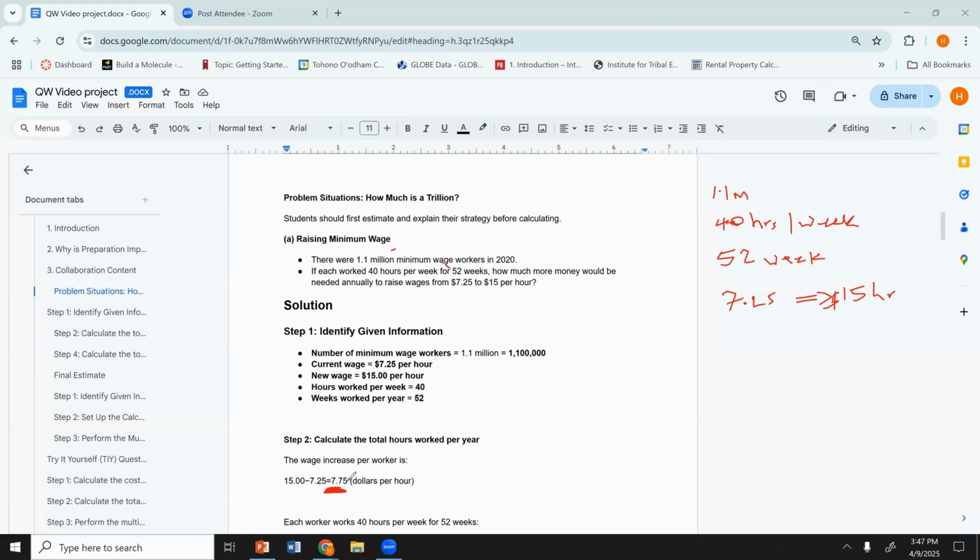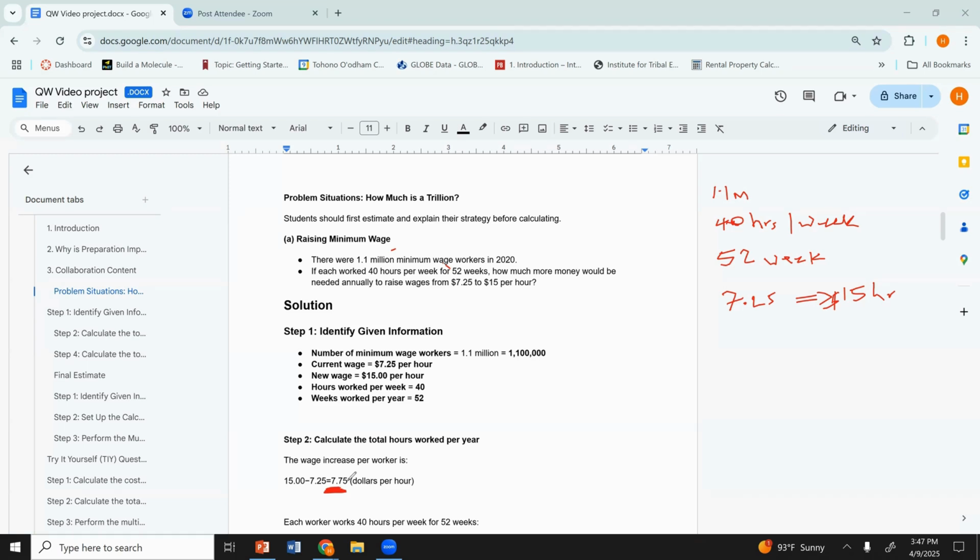We need to pay 7.75 extra per hour, and these folks work 40 hours per week. We know there are 52 weeks in a year, but we also don't have only one person.